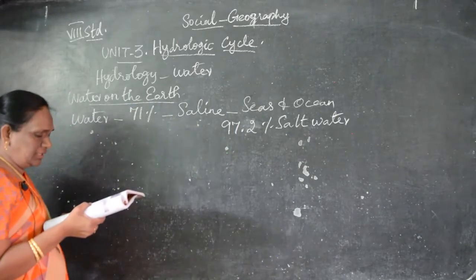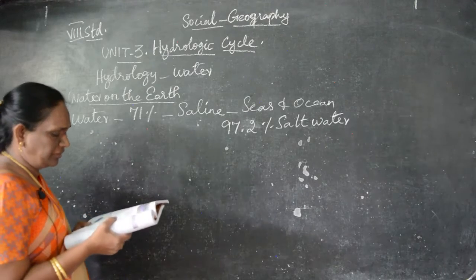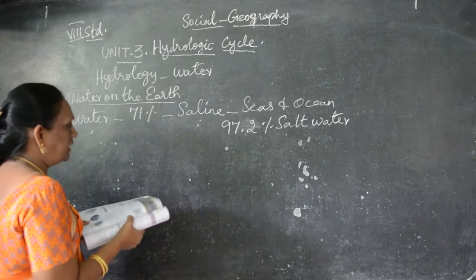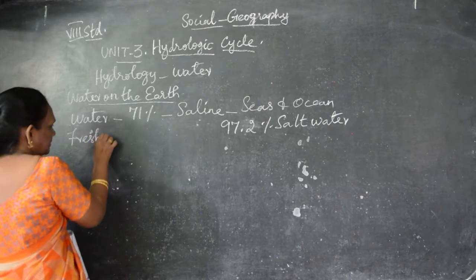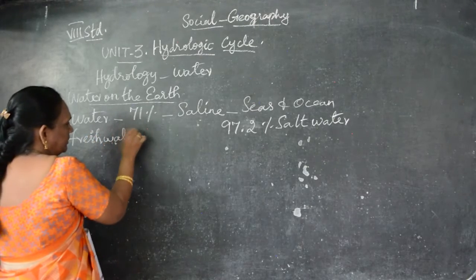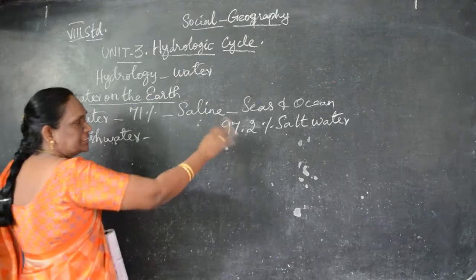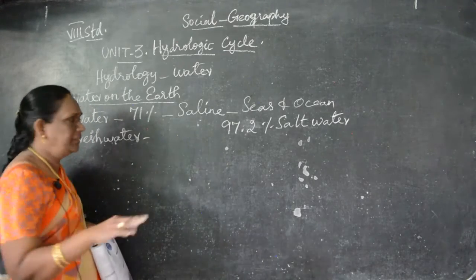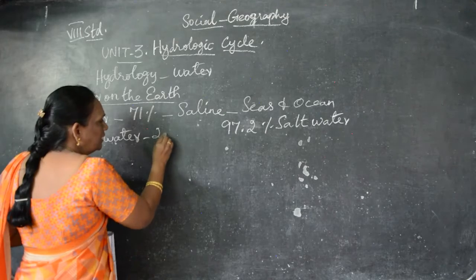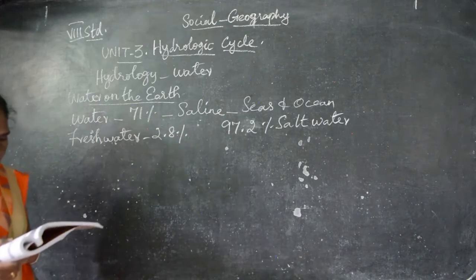And only the fresh water is about 2.8%. The remaining percentage, 100 is the percentage. 97.2% is what? Salt water only. Then how much is remaining? 2.8% is only the fresh water.